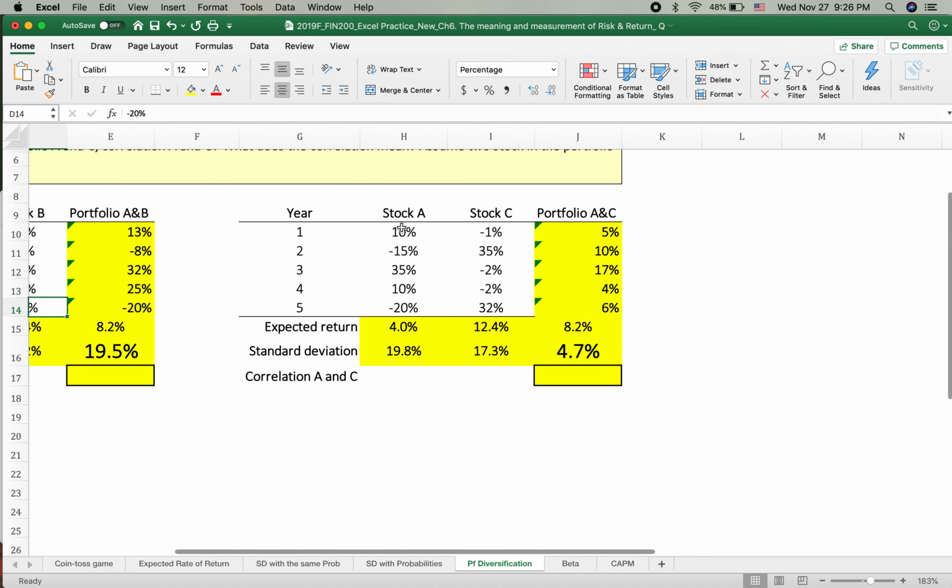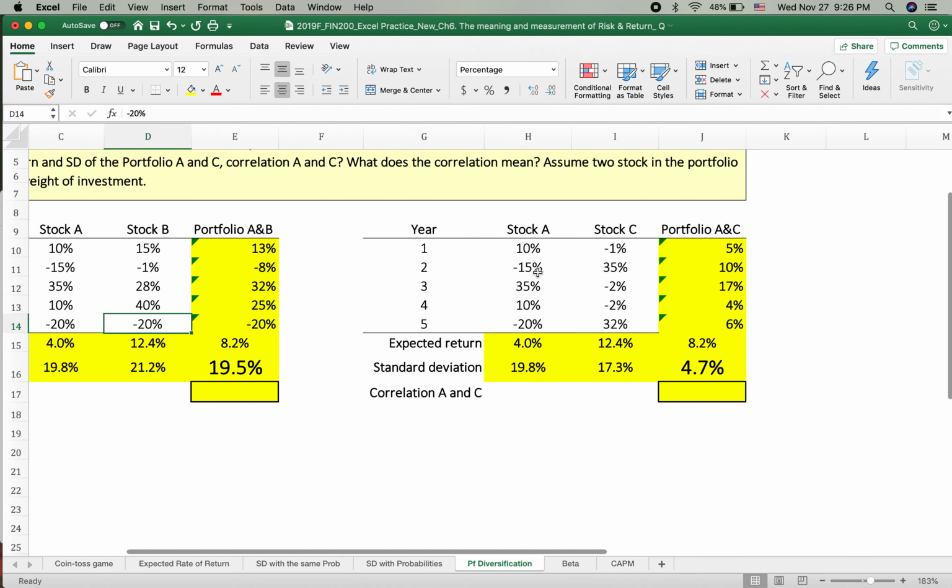But here you go. The stock A and C have been moving in totally opposite directions. When stock A increases, stock C decreases; when stock A decreases, stock C increases, right? They are moving in totally opposite directions.